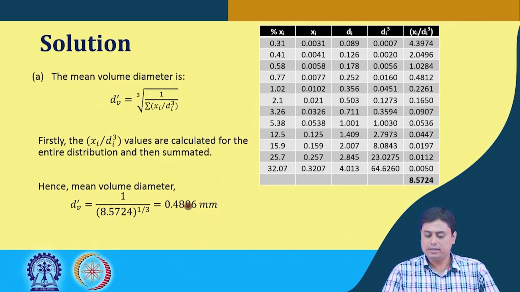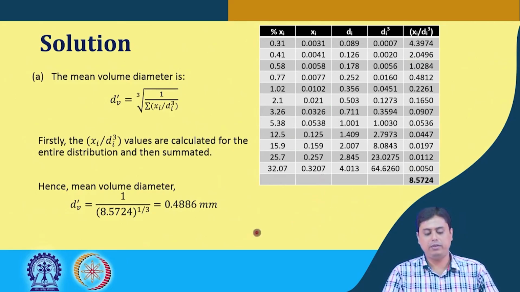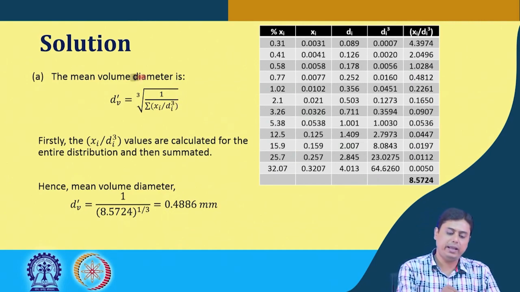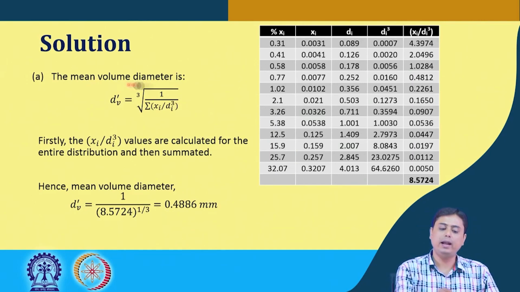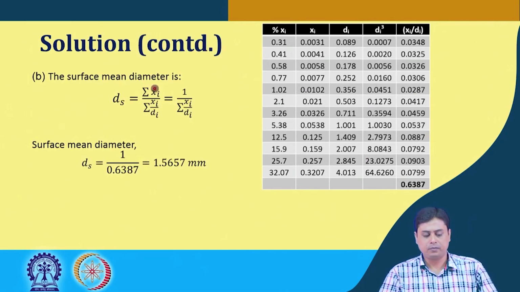This is a very simple example, but I have repeated it in line with the previous example to show how from such a table we can find the mean diameter, by choosing the appropriate expression according to what has been asked.